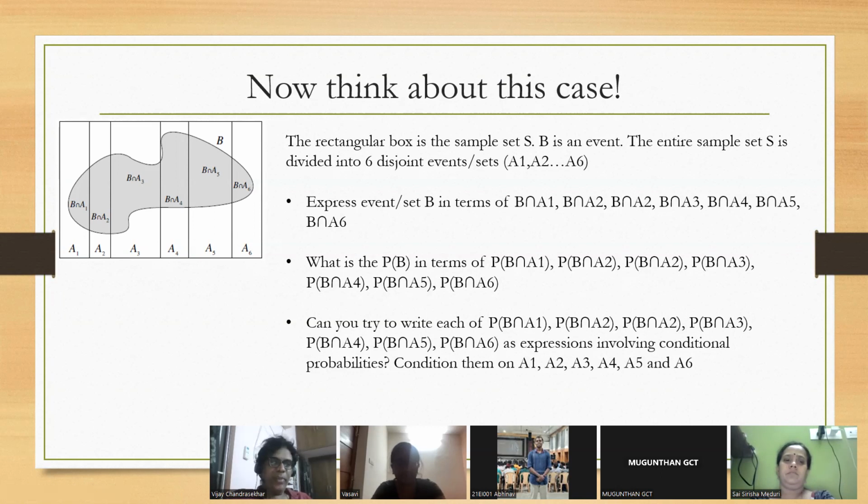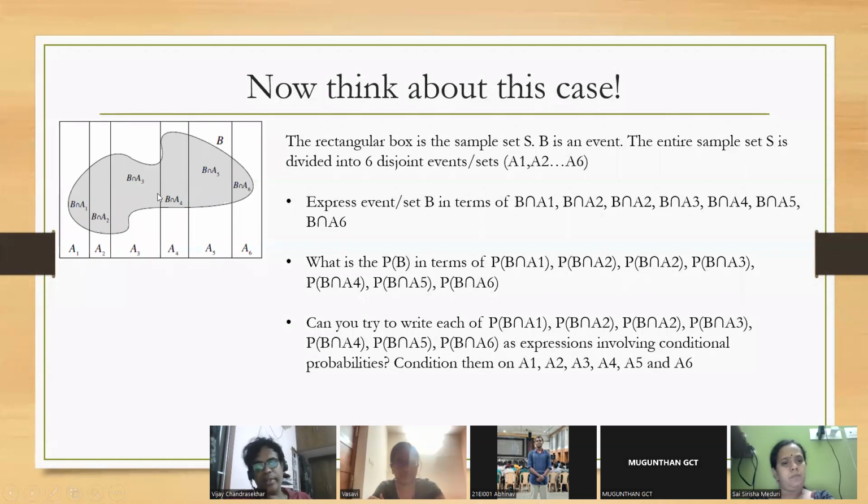My next question would be, can we say B is equal to B intersection? Okay, let me put it this way. Take B intersection A1, B intersection A2, B intersection A3, B intersection A4, B intersection A5, and B intersection A6.